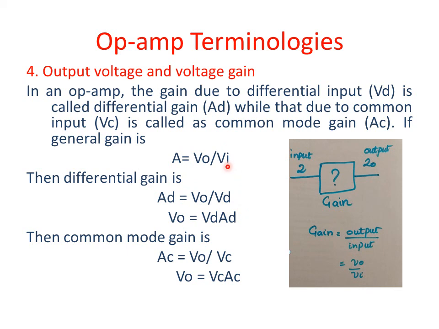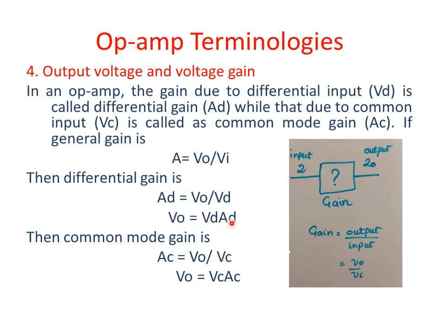We can apply the differential input, we can apply the common mode input. Suppose I am applying the differential input, then instead of Vi, I can write it as Vd because I am applying the differential input. So if the input is differential, its gain will also be differential and can be represented as Ad. From this I can find a value for V0 equal to VdAd.